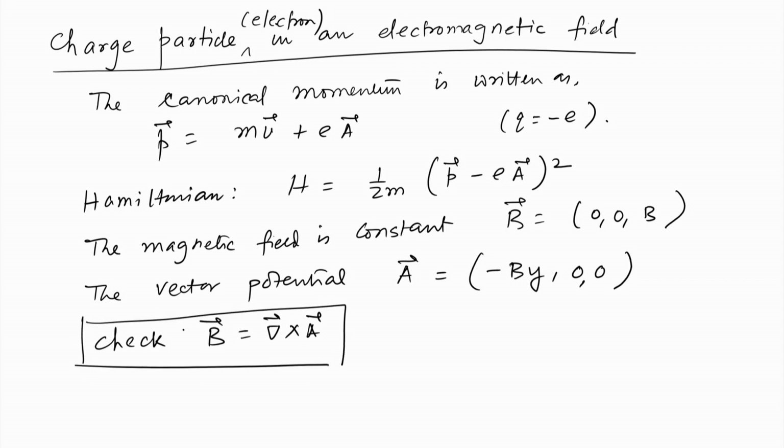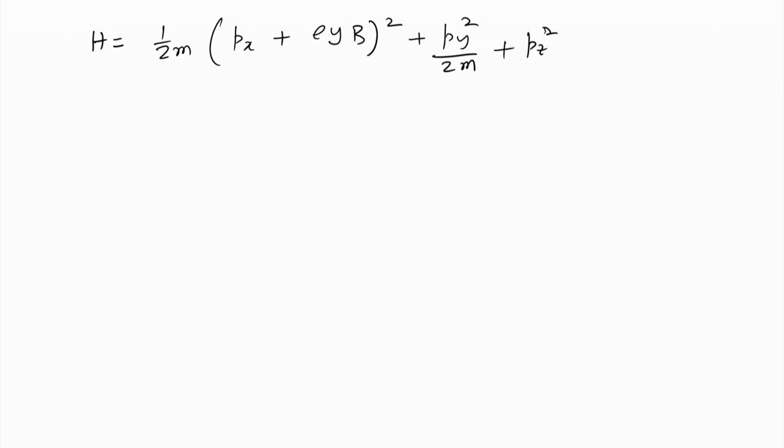So, if that is true, then let us write down the Hamiltonian H. This is equal to 1 over 2m (P x plus e y B) squared, plus P y squared over 2m, plus P z squared over 2m. And so, the Hamiltonian is cyclic in x and z, since it does not contain any x and z.